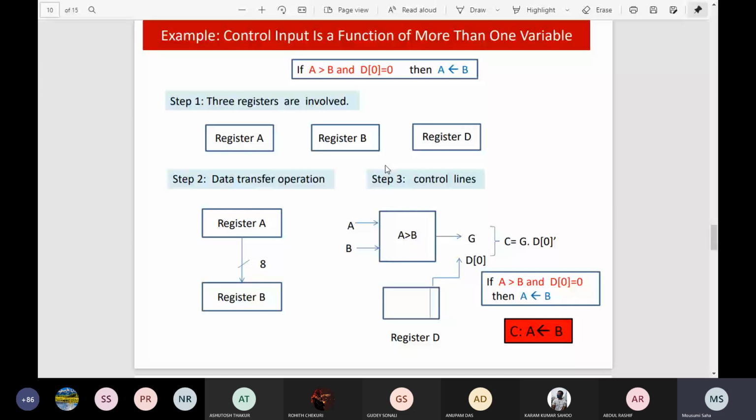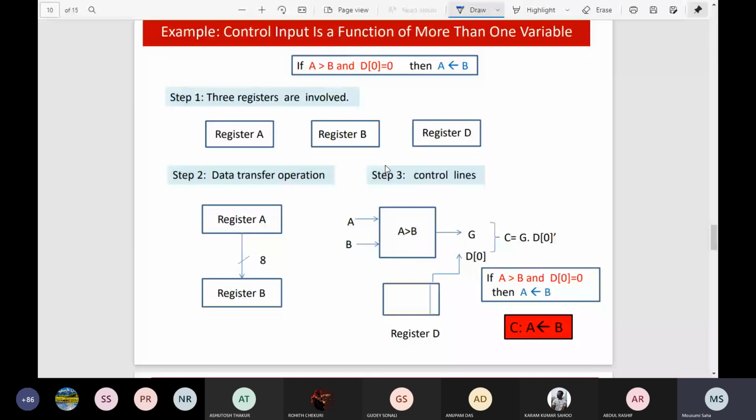Otherwise, this cannot be done. Now, A greater than B you can implement with the help of a comparator circuit. After that, you can combine it with a logical AND operation, and you can generate one control signal.